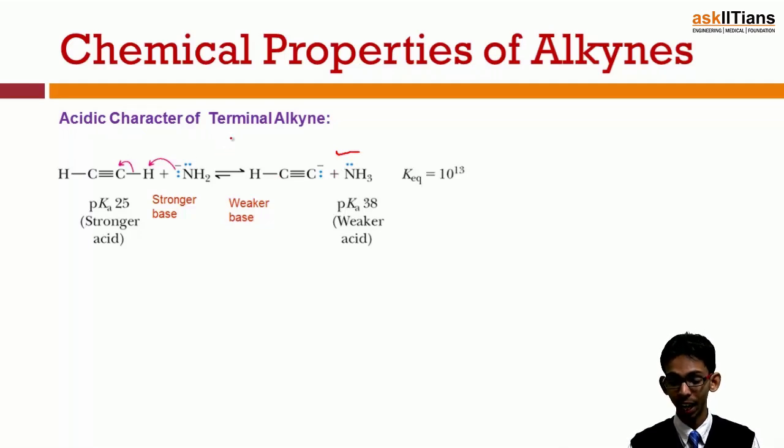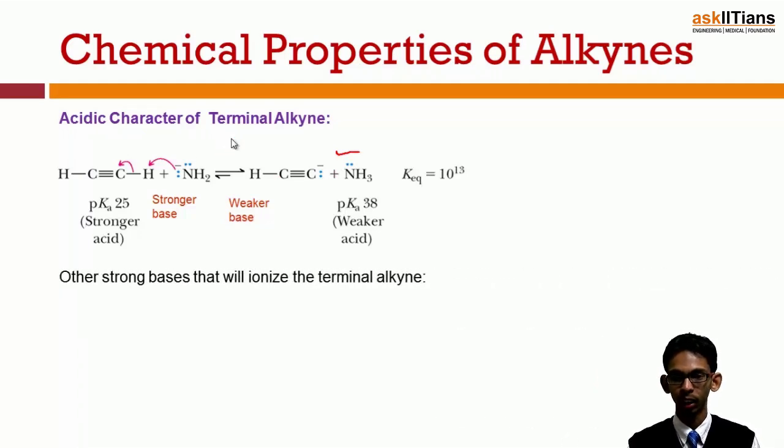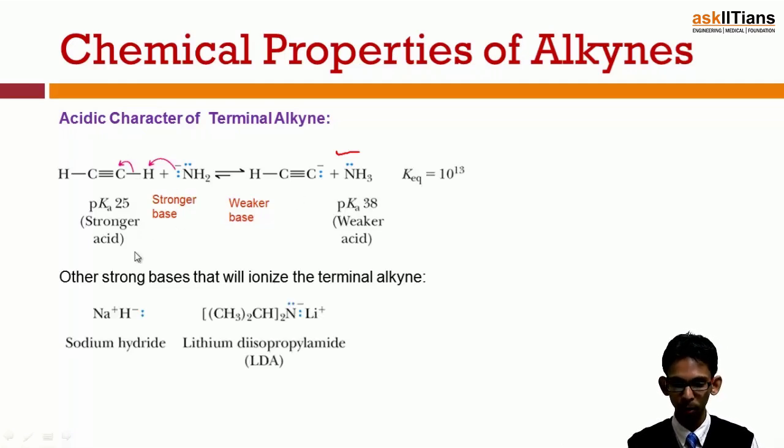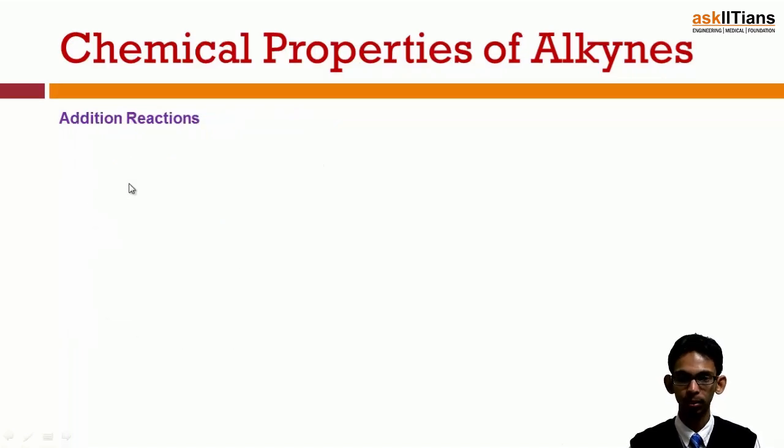Terminal alkynes are acidic in nature. So amide, which is a strong base, can ionize terminal alkynes to form salts, showing that these are stronger acids. Other strong bases which can ionize the terminal alkynes are sodium hydride and LDA. These are the strong bases which can ionize terminal alkynes, showing their acidic properties.